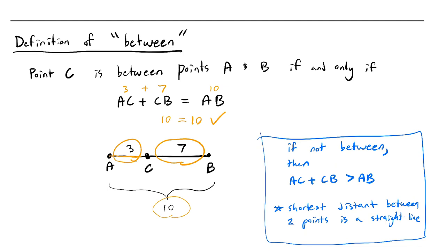Now the reason this works is, over here I wrote it, the shortest distance between two points is the straight line. If I had taken any other journey, if I were to go this way, then this way, I would have maybe gone 4 and then 8. So I would have gone a journey of 12, even though if I had gone straight from A to B, it was 10. And so what this question is really saying is, did you veer off the path?